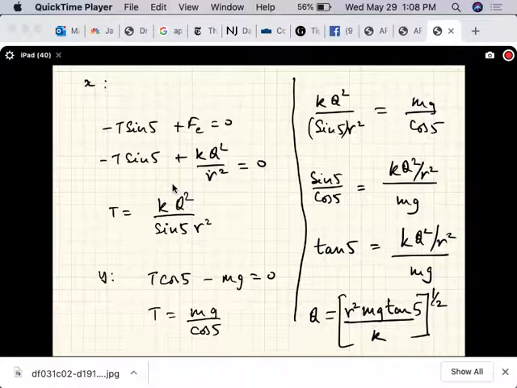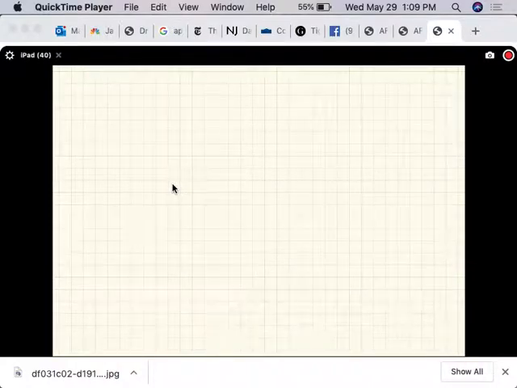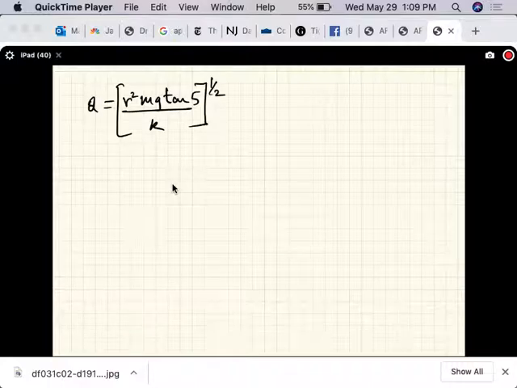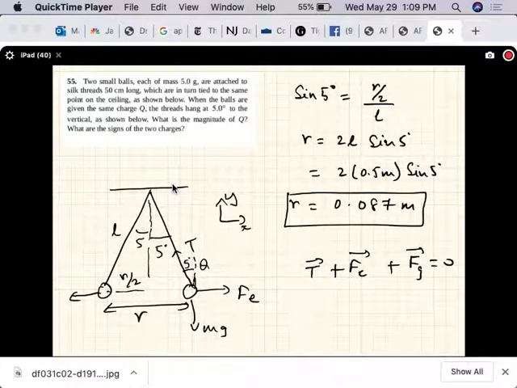So now we're ready to plug stuff in. R was 0.087 meters.